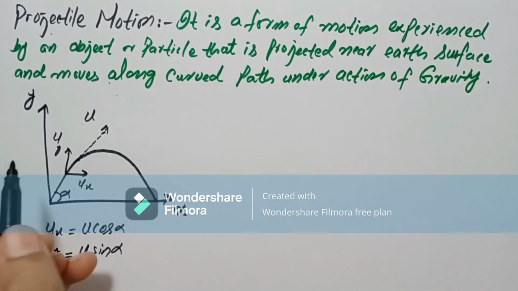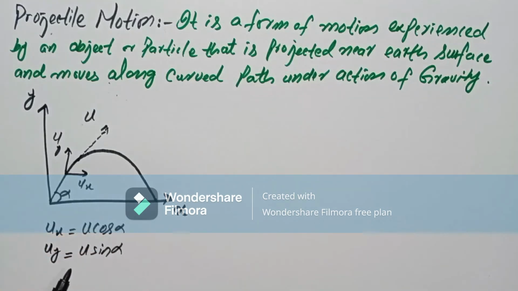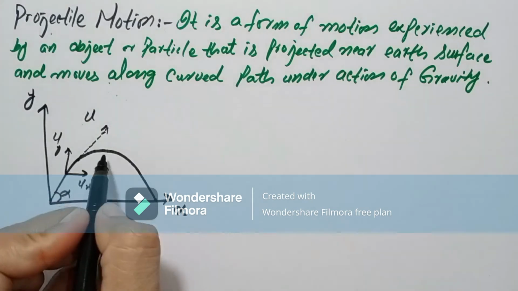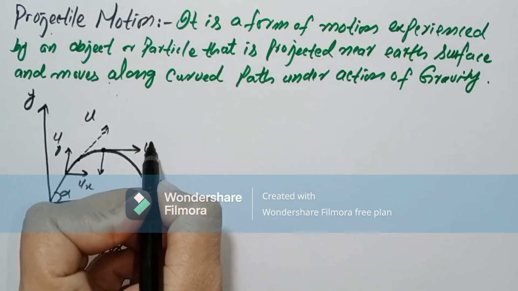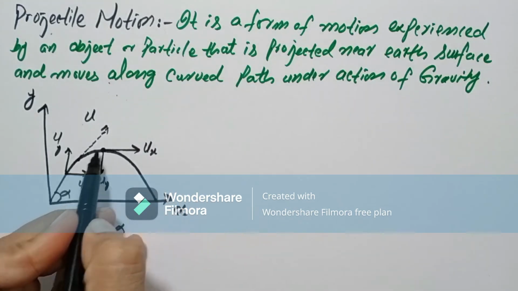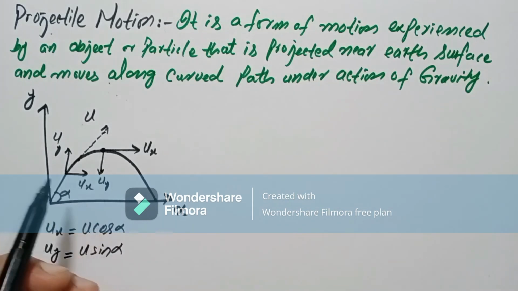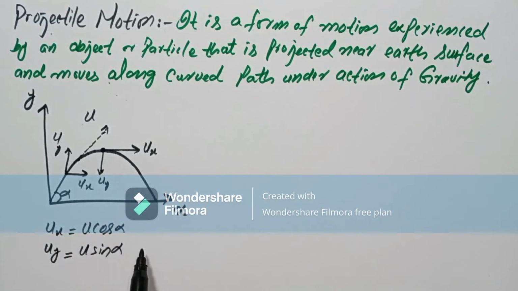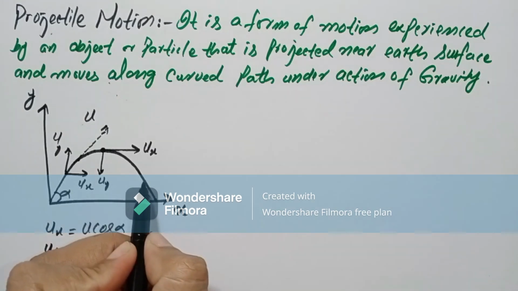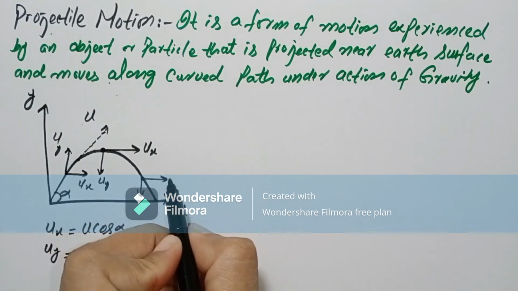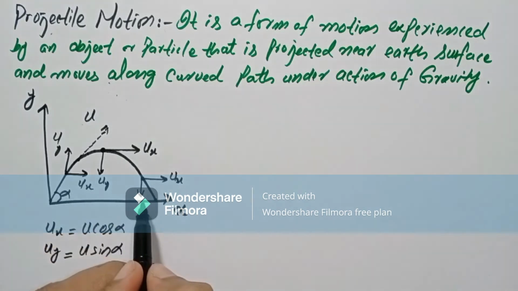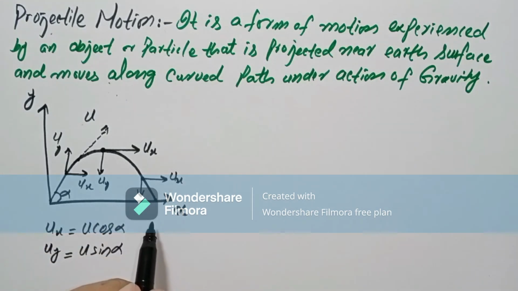The horizontal component of velocity remains the same during the whole motion, while the vertical component is changing. At the highest point the vertical component of velocity will be 0 and ux again will be u cos alpha. Similarly, when it moves downward, ux is the same in the same direction and uy is vertically downward, so it will be minus u sin alpha due to its direction.